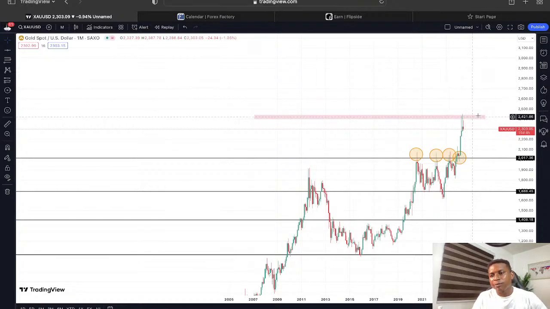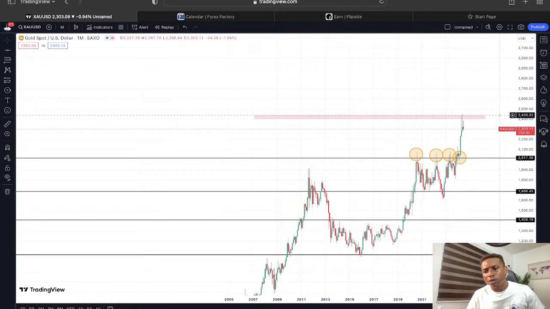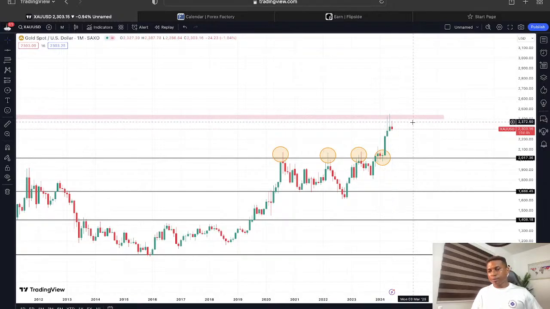So this is the first time gold would get to a level of $2,450 for gold. Now we can see that when gold got to that level it had never gotten to before, there was a turnaround, and price was pushed back.